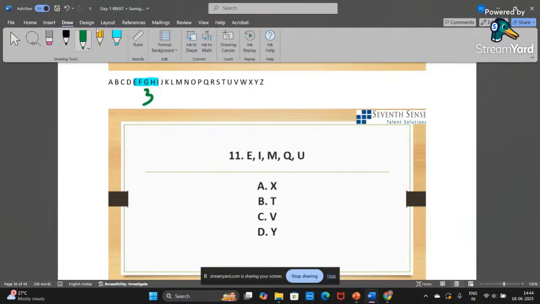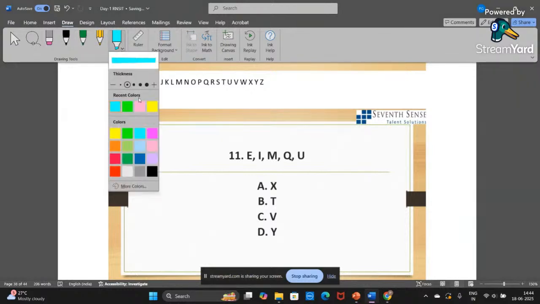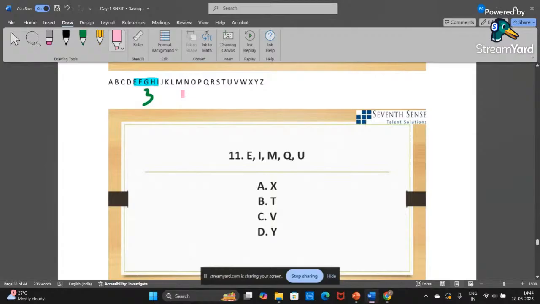For I and M, again 3 gaps. They left 3 letters and wrote the next letter. For M and Q, again 3. For Q and U, again 3. And you have to write the next letter after leaving 3. So Y is your answer.